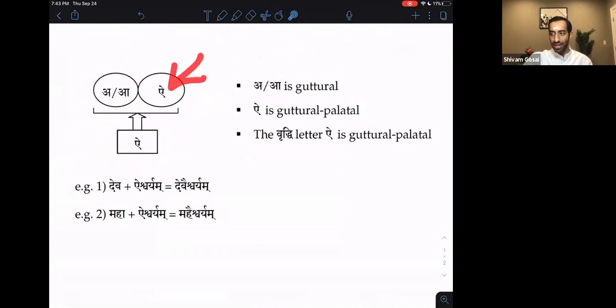So this is one of the ec, this is one of the diphthongs, and this is one of the vriddhi letters. This one is most similar to this one, and so it's going to replace it. So deva plus aishwaryam becomes devaishwaryam. So this akara basically goes away. Maha plus aishwaryam becomes mahaishwaryam.